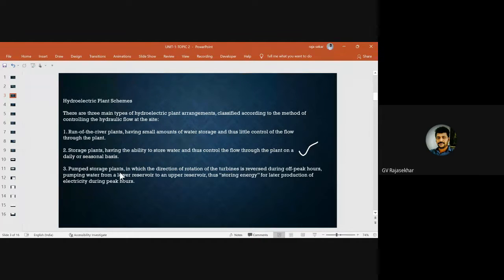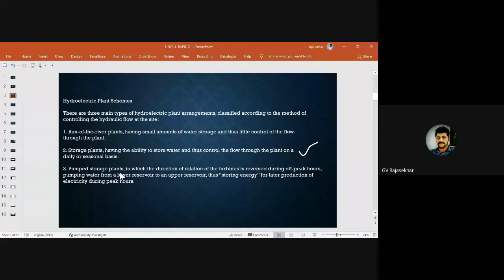In the night time, or when there is very little consumption of power by the consumers, we use the excess power to pump the water from rivers or canals to a high placed storage tank. The tank is placed at a great height, and to that height, water is being pumped.